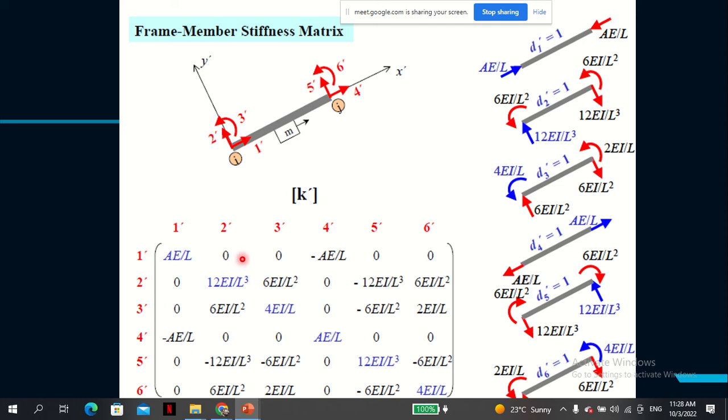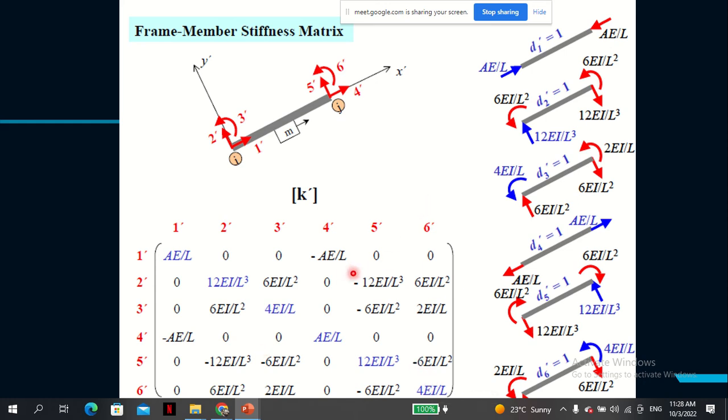So this becomes negative of that, and this becomes negative of that. Here, all these are positive. Now, whatever is positive in column 2 becomes negative for the fifth one. You can see. But please pay attention. That is not the same relationship with the moment. You can see there's some difference with the moment.